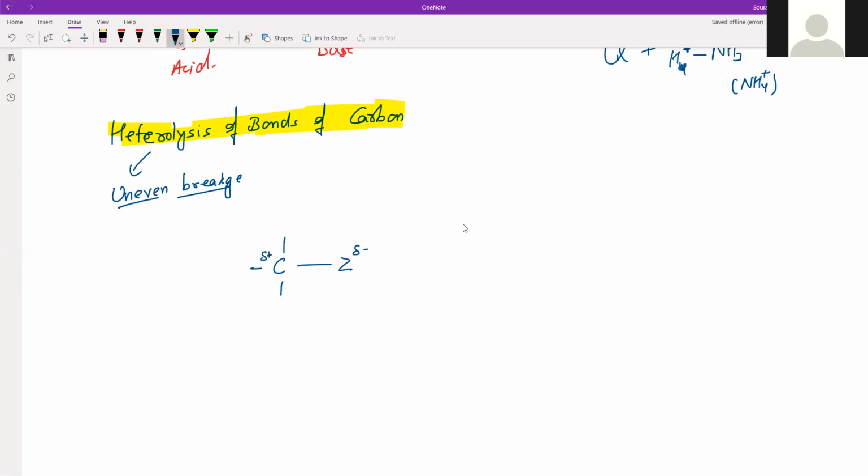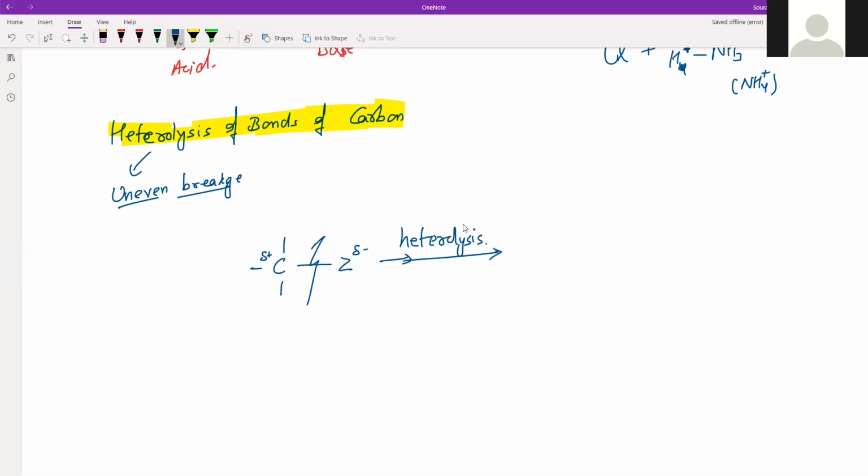Now what happens in heterolysis is that the bond will break. Which bond? This bond. Why will this bond break? Because there is a charge separation there. One is positive and another is negative.